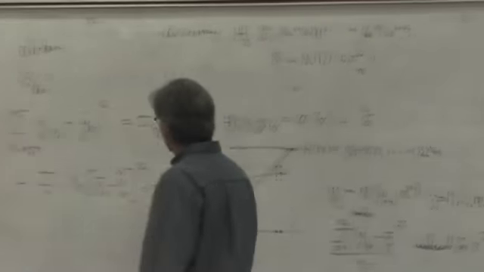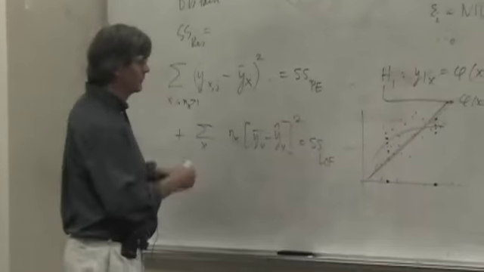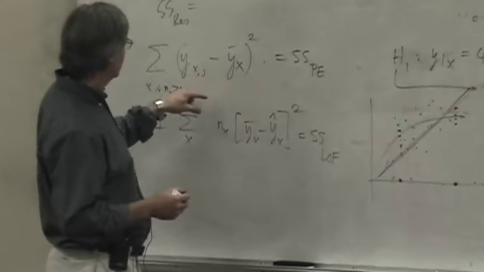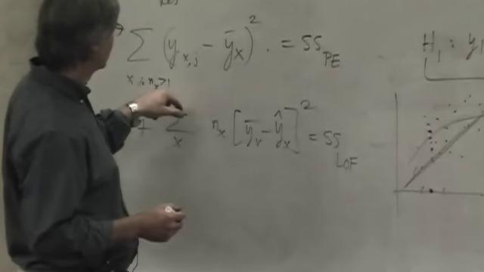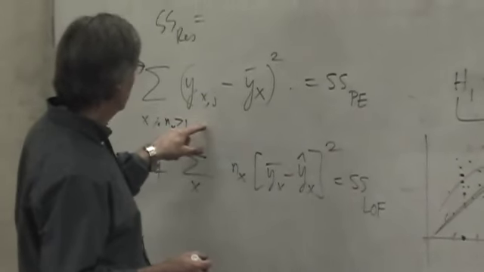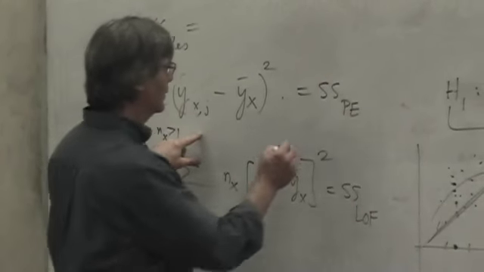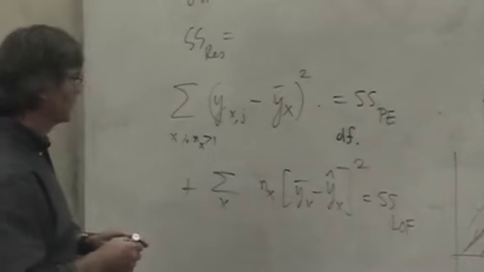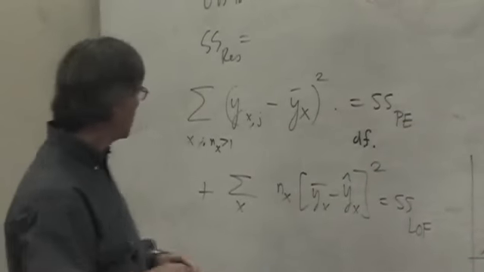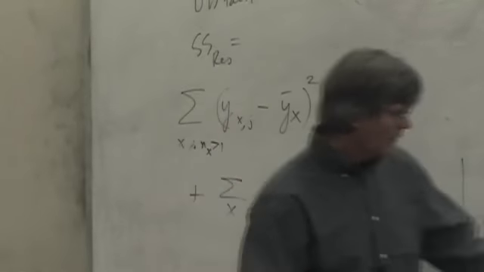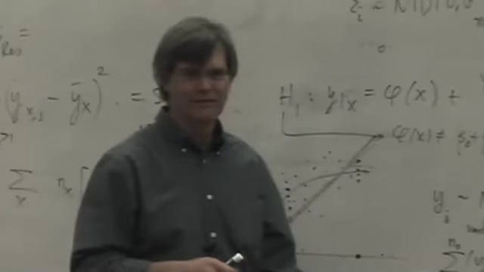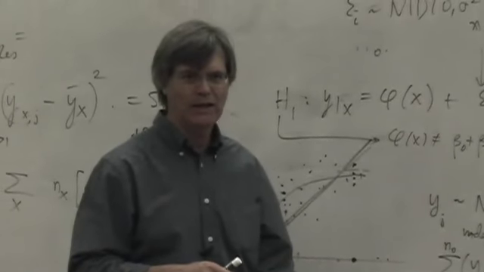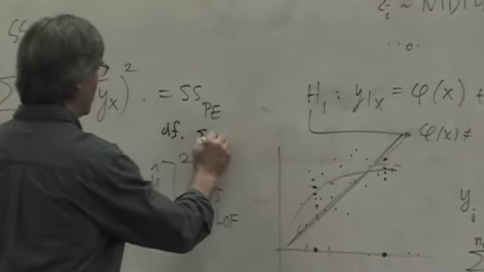What's the number of degrees of freedom of SSPE? Well, let's see. It's a little hard to calculate. There's a couple ways you might do it, but basically it's adding up all the nx minus 1s. Degrees of freedom is the summation of nx minus 1.